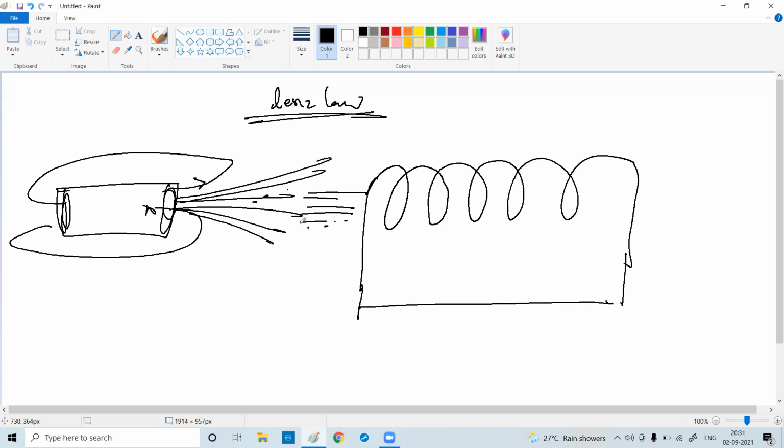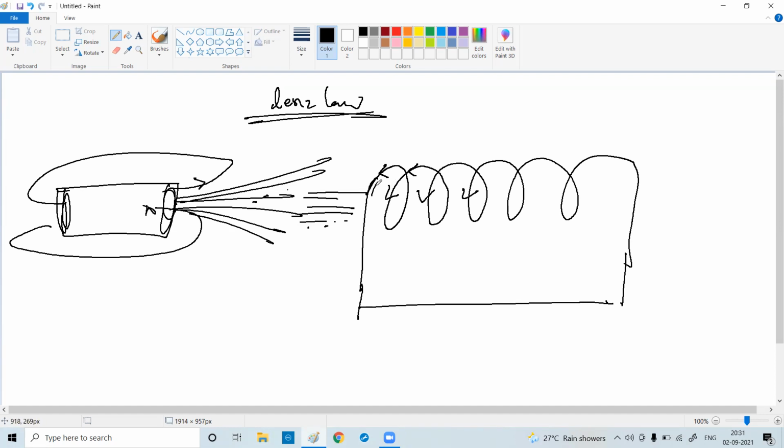Okay. And what we said is that it will oppose the change. Whenever you're getting it close, this solenoid will generate electricity in this direction, like this, and there is a law in physics called the right hand screw rule.